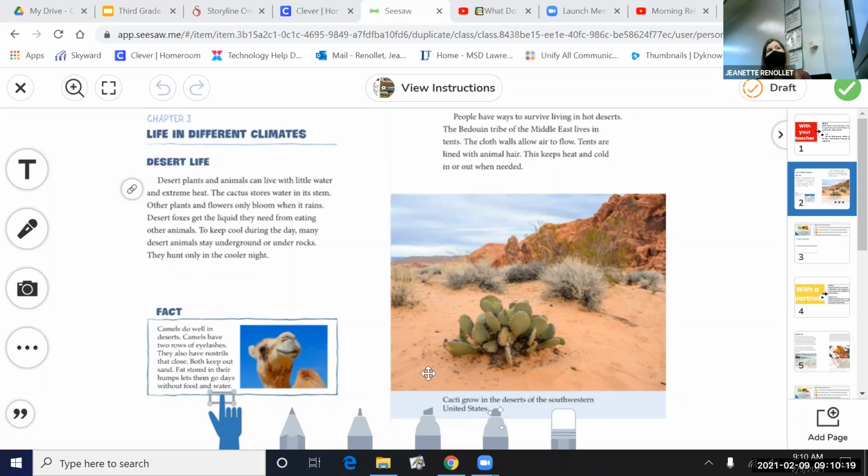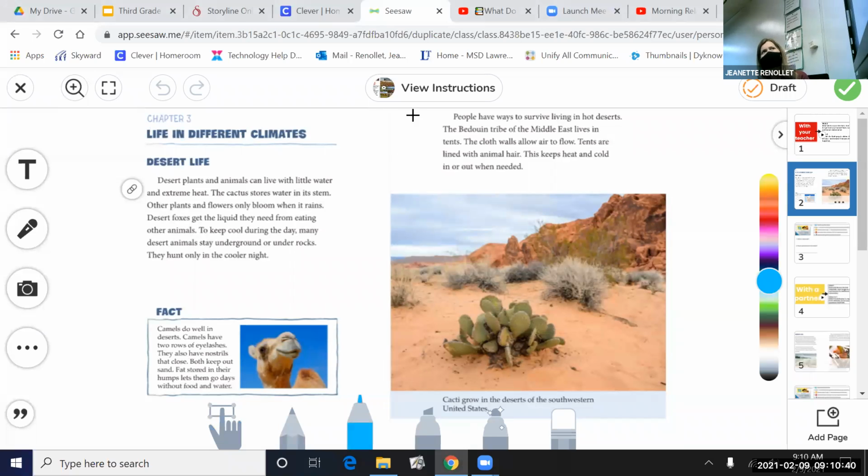Desert foxes get the liquid they need from eating other animals. To keep cool during the day, many desert animals stay underground or under rocks. They hunt only in the cooler night.